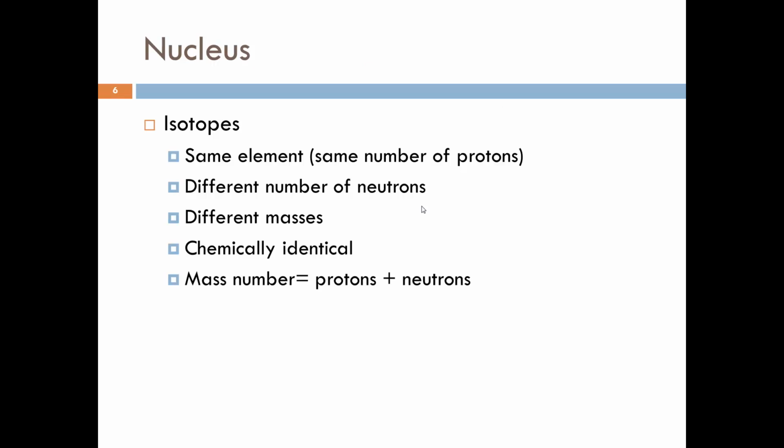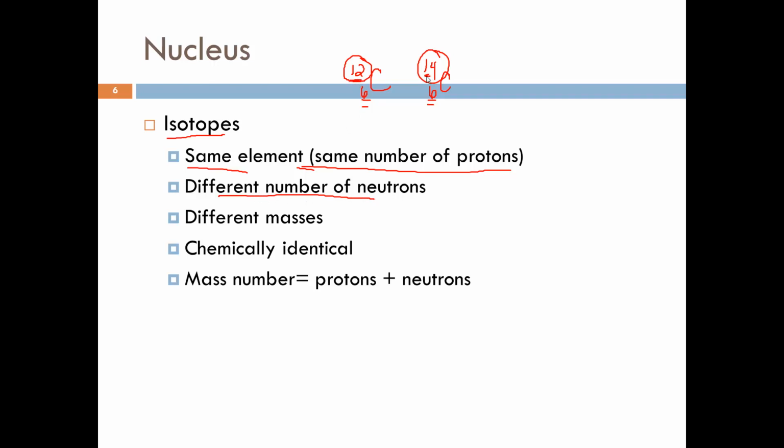I mentioned the word isotopes earlier. They're the same element, meaning that they have the same number of protons. So if we look at carbon-12 versus carbon-14, both carbons have 6 protons. It's this top number here that's changing, and that's identifying the isotope. They have a different number of neutrons, which is why these numbers are different.